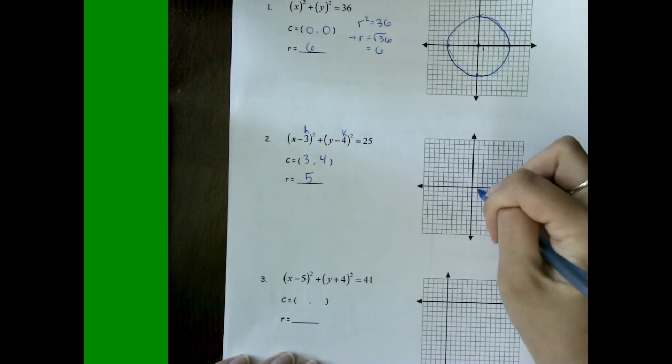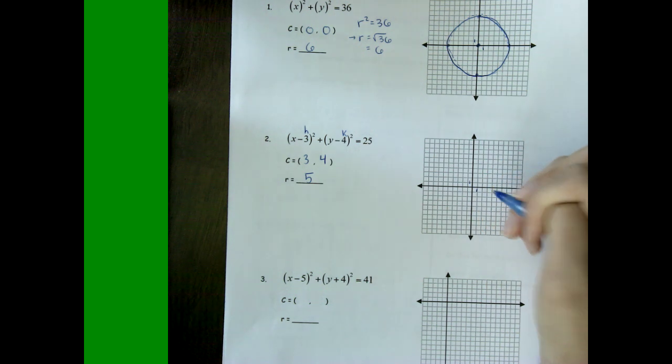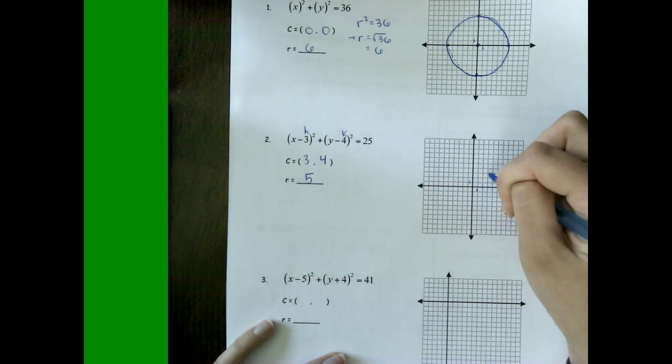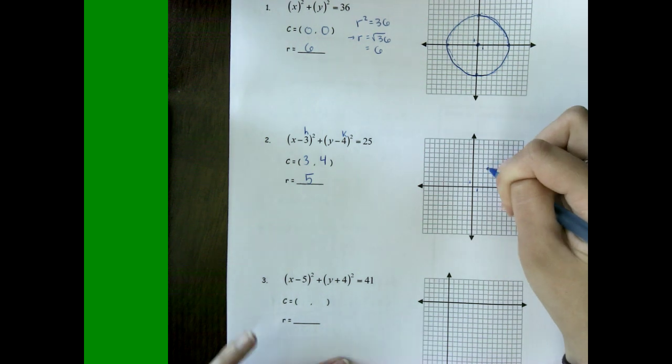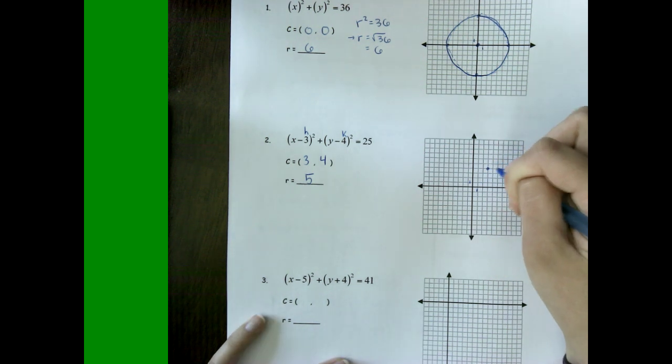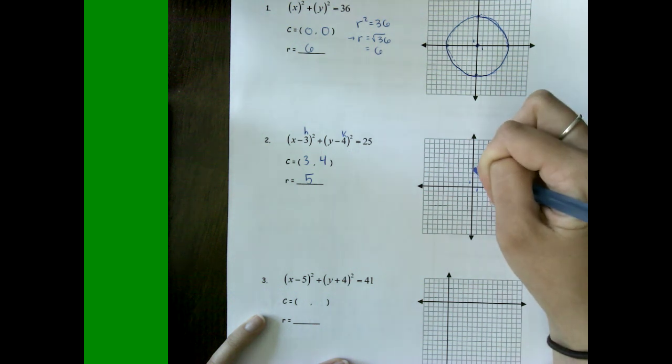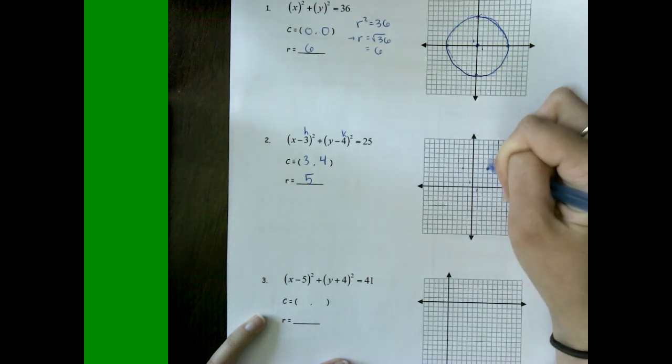So I'm just going to label my scale. I'm going to plot the center at 3, 4. That's the center. From the center, the radius is 5, so I need to come out 5 in all of these directions. So horizontally and then vertically.